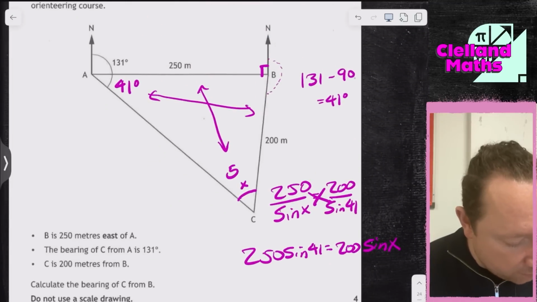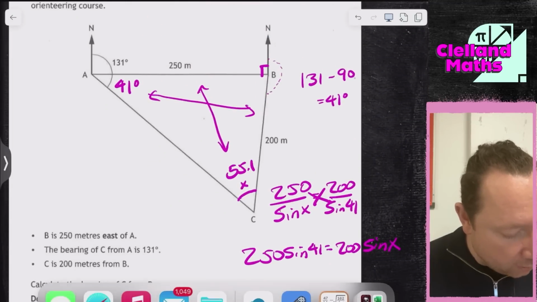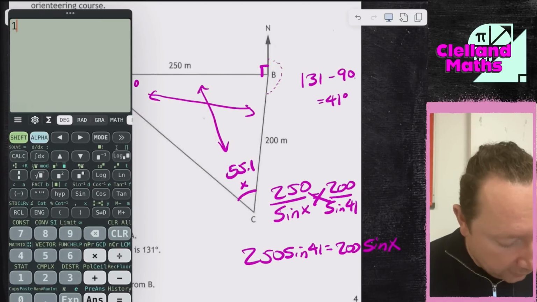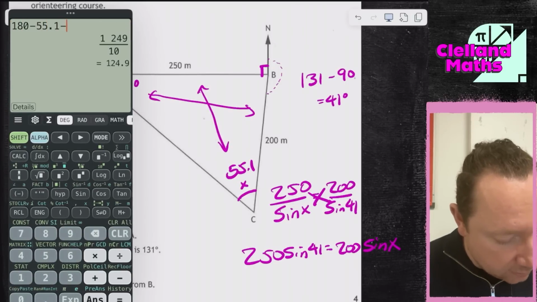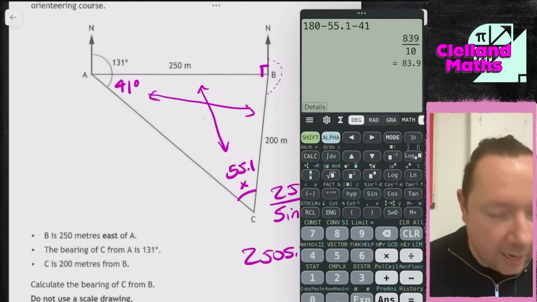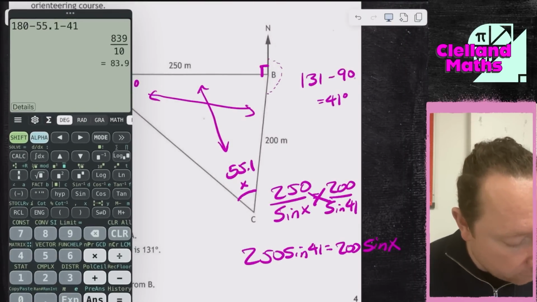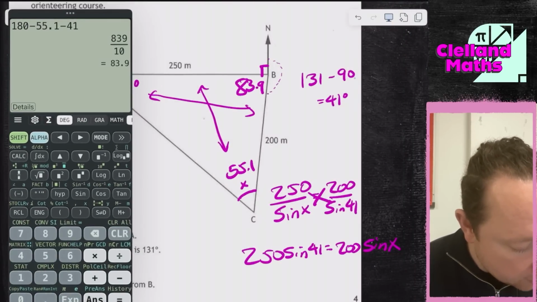So we know that's 55.1, so we can work out the other angle just by doing 180 minus 55.1 minus the 41 we already know to get 83.9. So our bearing, remember, was going all the way around here.